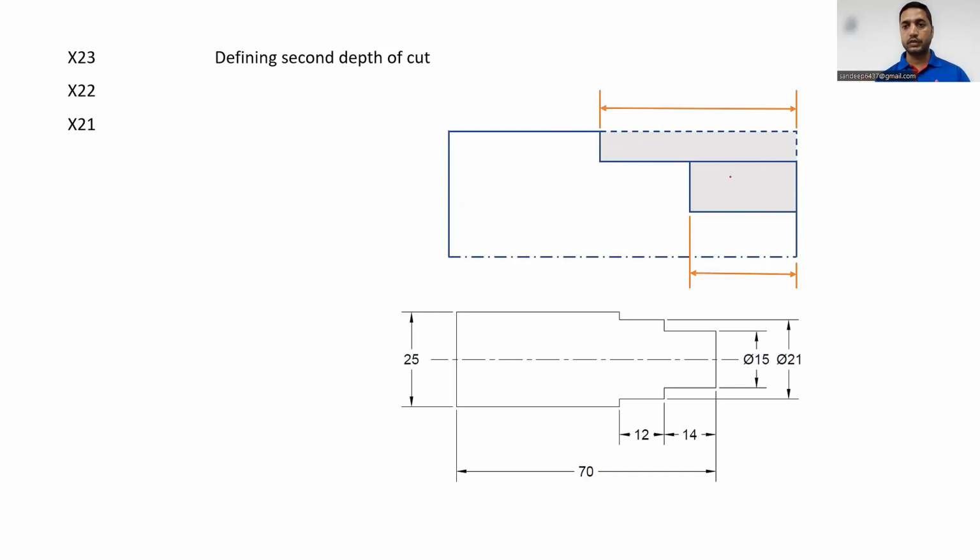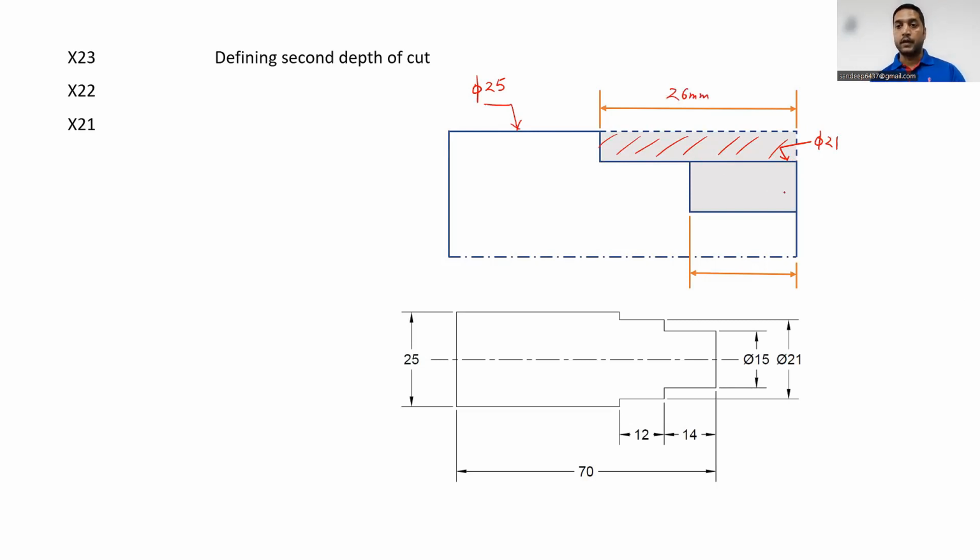So this figure shows that we have removed this much material from the workpiece till now. The outside diameter for this cylindrical workpiece was 25 mm, and we have removed material up to 21 mm diameter, and the length was 12 plus 14, it was 26 mm.